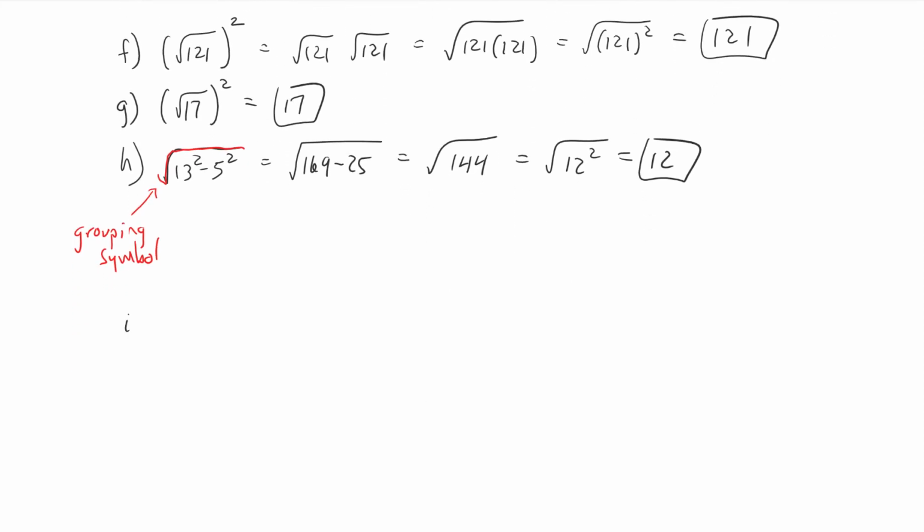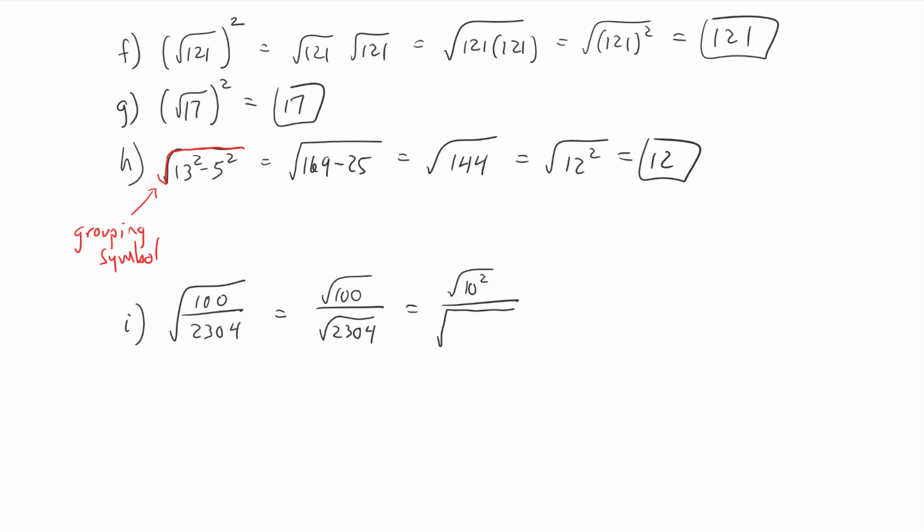All right, let's do one more, and then we'll call it. Let's say you had a fraction with big numbers in it. Earlier we saw that you could split it up and do the square roots separately, so that'll make things a little easier. 100 is a perfect square. That's 10 squared. And 2304 is a perfect square, but it's not one that I would expect you to recognize. Since it's not one you would recognize, if you need to, you can use a calculator.